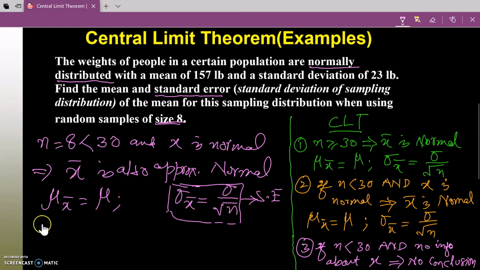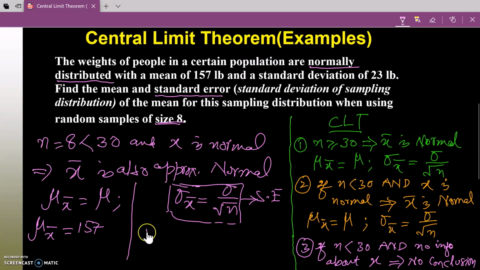Look at that. The mean of the sample mean will be equal to the population mean, and that mean is 157. So we are done with that. Now let's move to the standard deviation. The standard deviation of the sampling distribution is the standard deviation of the population divided by the square root of the sample size.